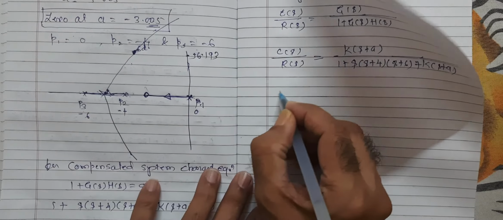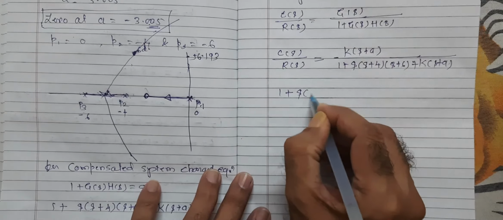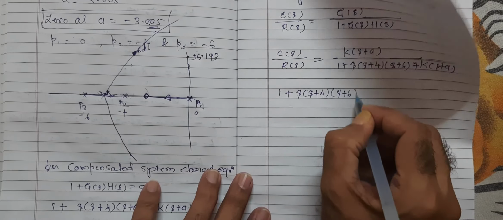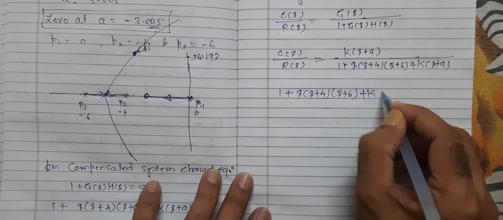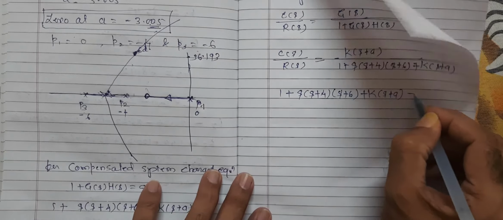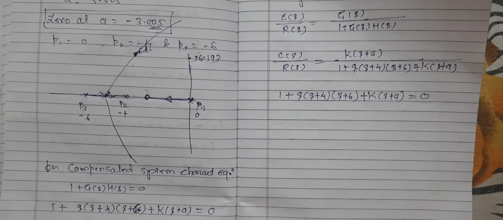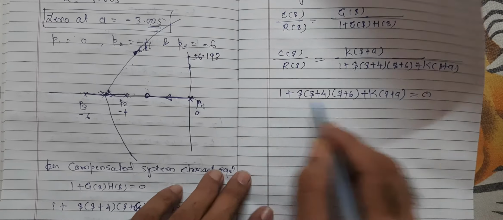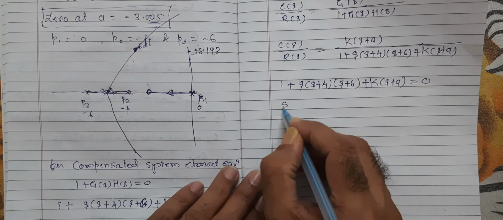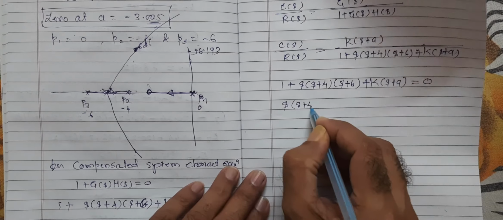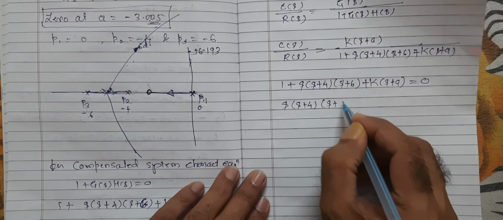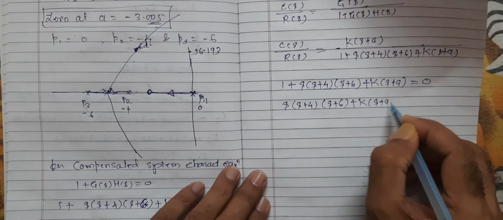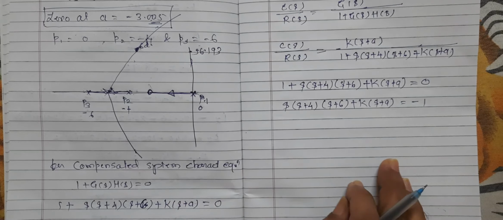So we can write 1 plus s into (s plus 4)(s plus 6) plus K multiplied by (s plus a) equals 0. Now here we can write s into (s plus 4)(s plus 6) plus K into (s plus a) equals minus 1.